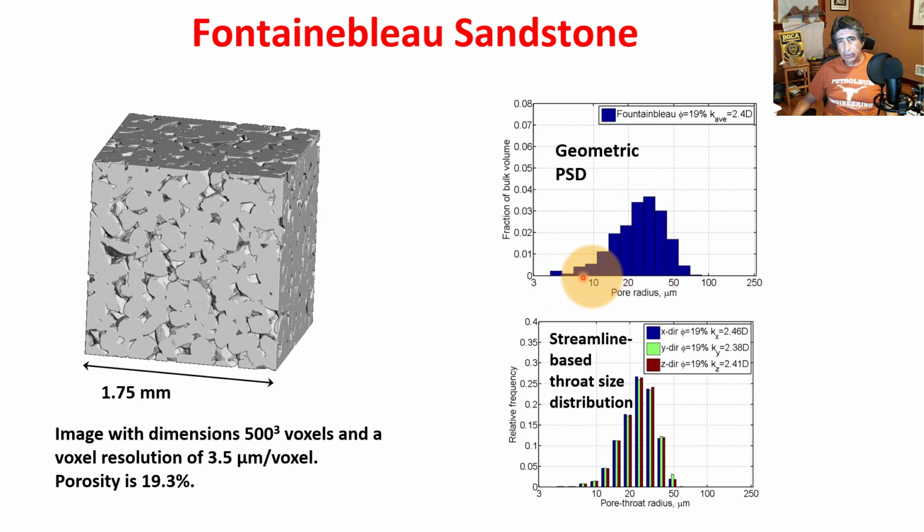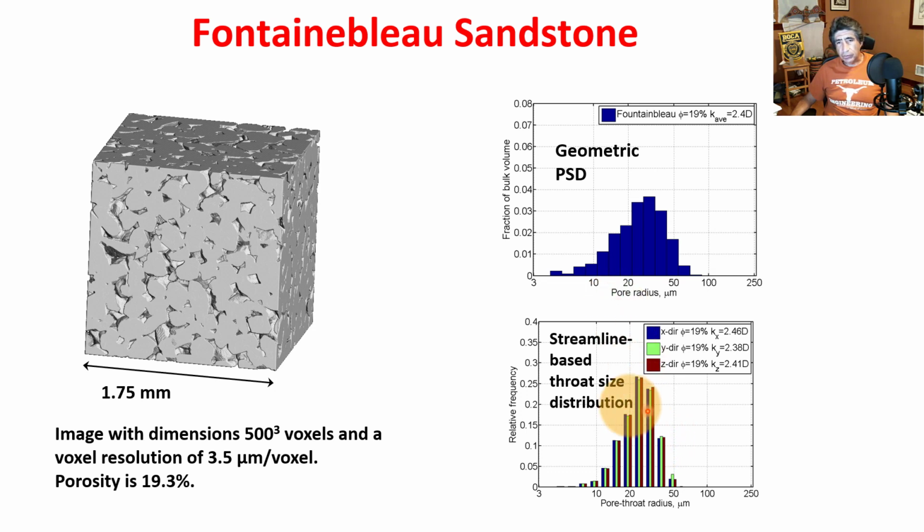And the area under the histogram is the porosity of the rock, which in this case is 19.3%.